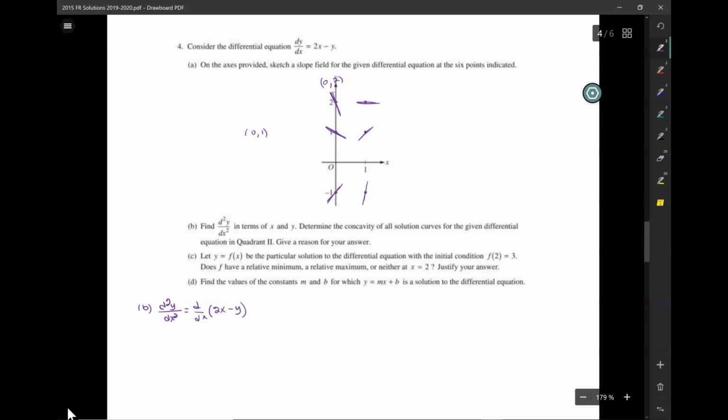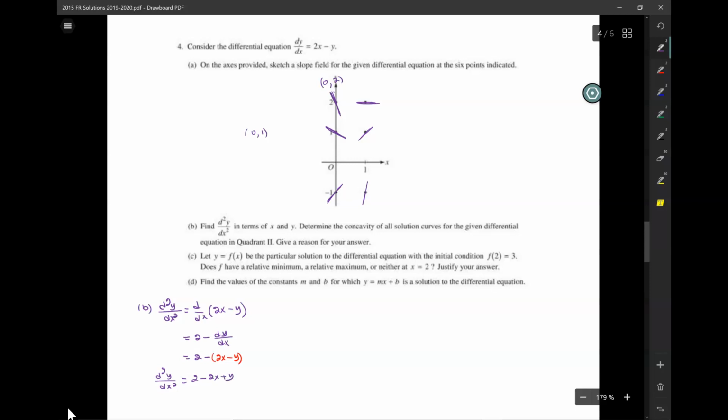Right? So that's going to be 2 minus dy dx. But what is dy dx, you say? It's 2x minus y. So d squared y dx squared, you can even leave it in that form, is this basically.